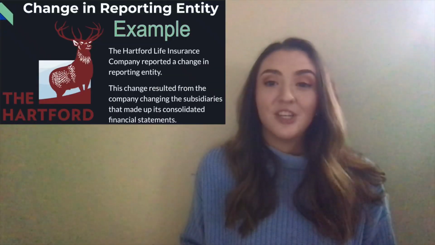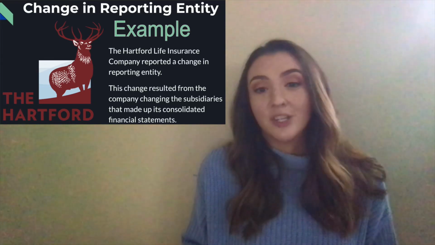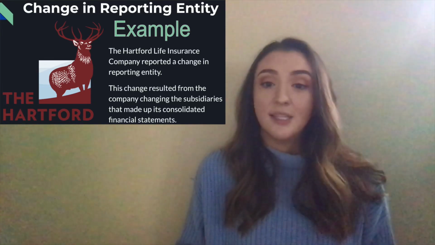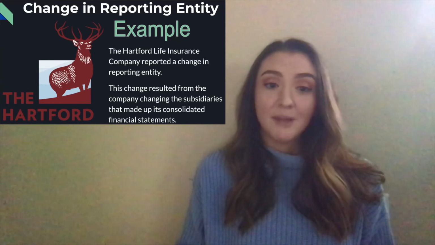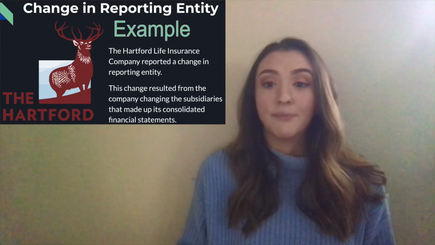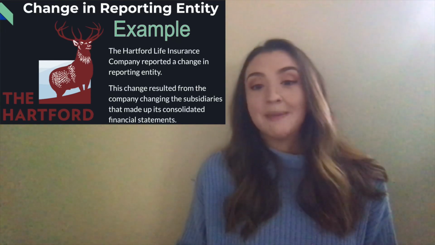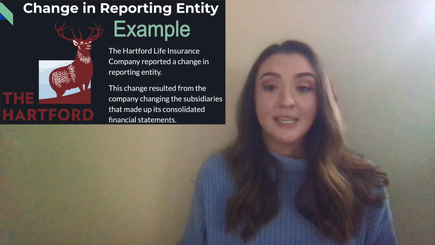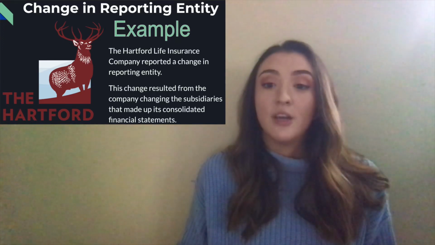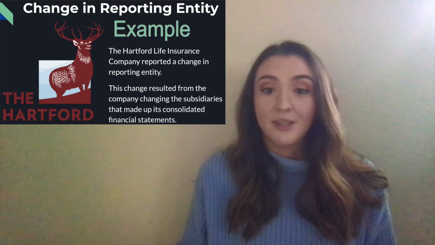An example of a change in reporting entity is Hartford Life Insurance Company. The reason for the change was Hartford was changing the subsidiaries that made up its consolidated financial statements. This is an example of reason number 2 of the reasons I previously listed. Ultimately, Hartford Life reorganized their business. As a result, they decided to include additional subsidiaries that they already owned into their consolidated financial statements.